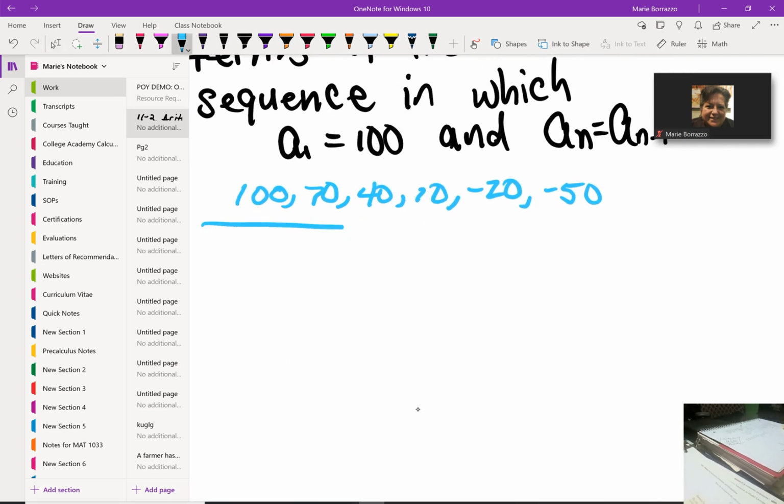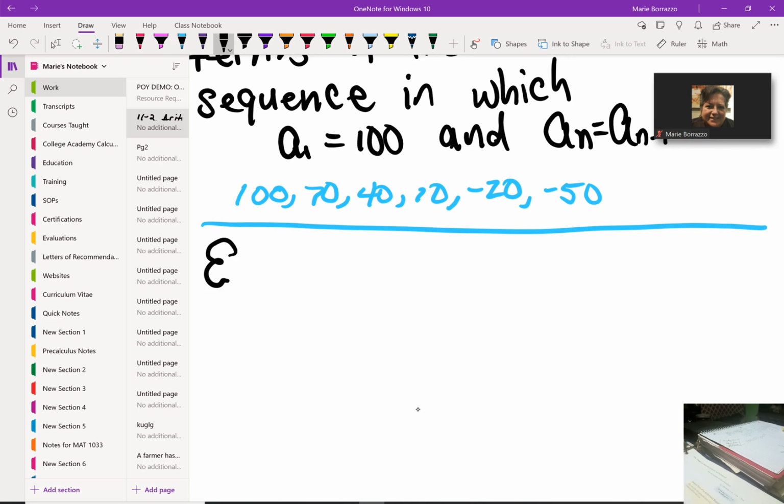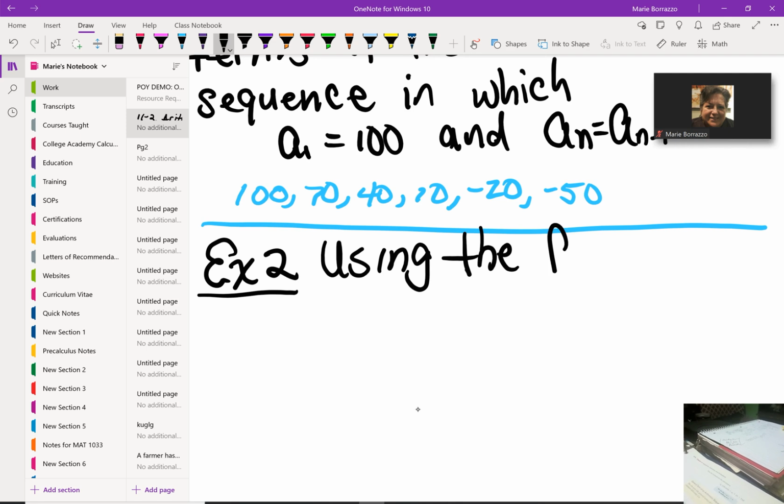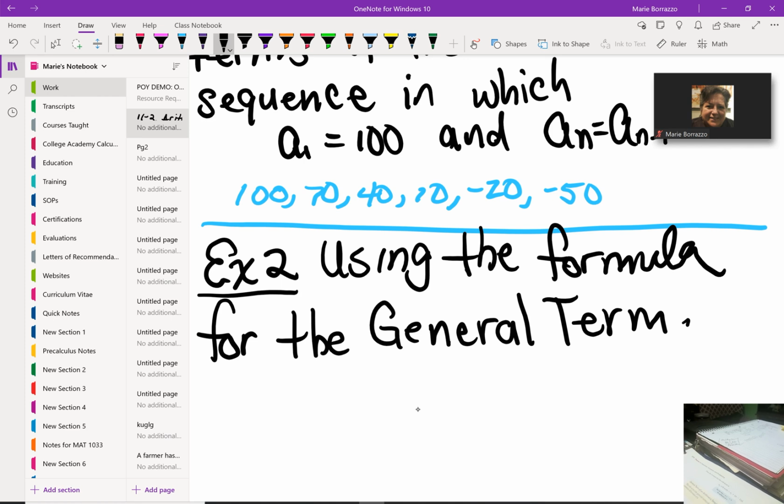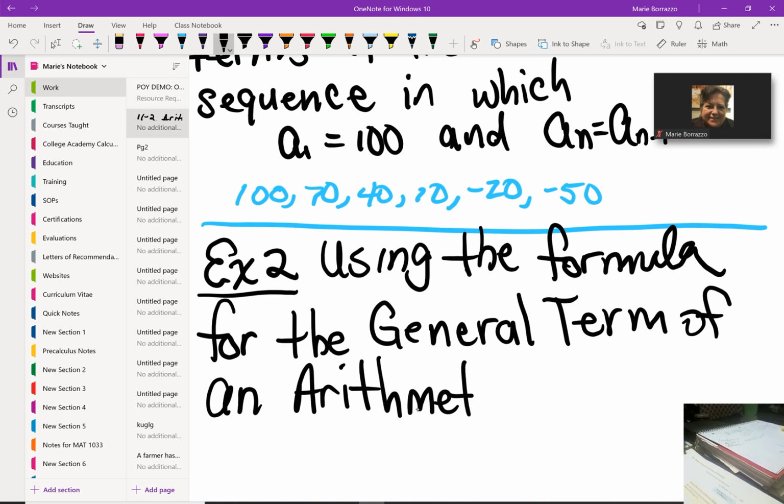All right. So the next concept that we're going to talk about is example 2, which is using the formula for the general term of an arithmetic sequence.